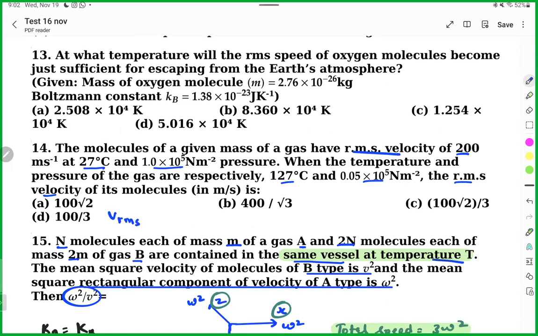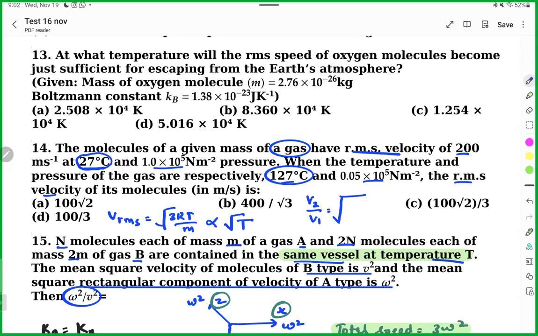VRMS is equal to under root 3RT by M. When you are taking the same gas, M value is fixed. R value is always fixed. It means VRMS directly depends upon the temperature. So if I have to calculate V2 by V1, what will be T2, Varinder? You have to convert this temperature into Kelvin.